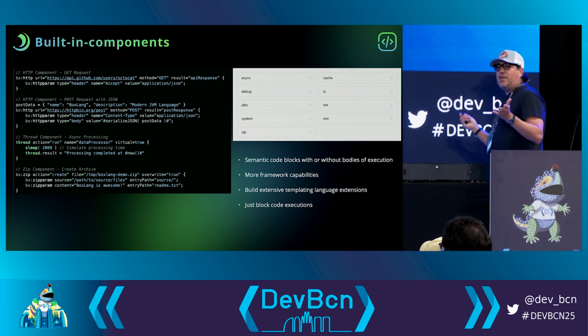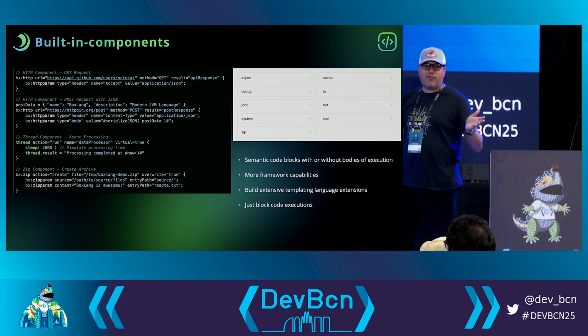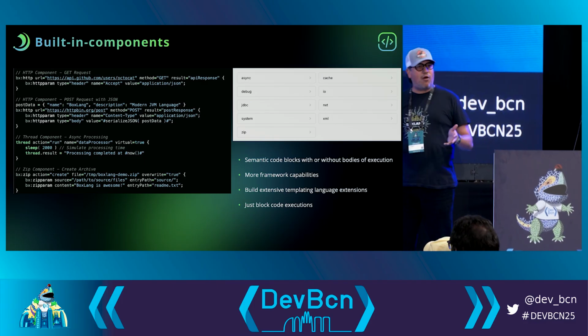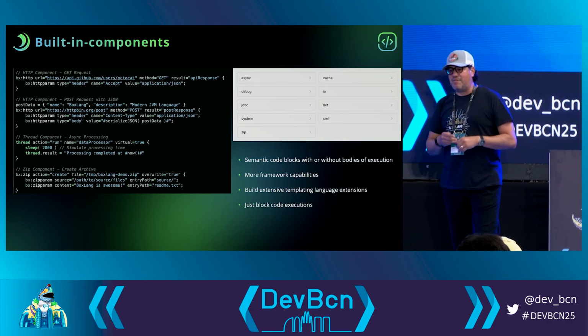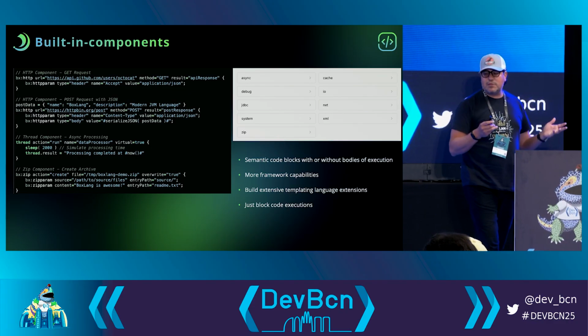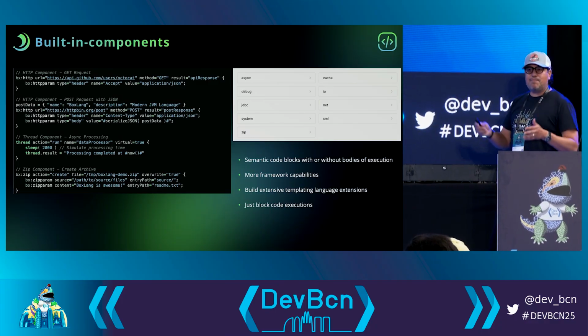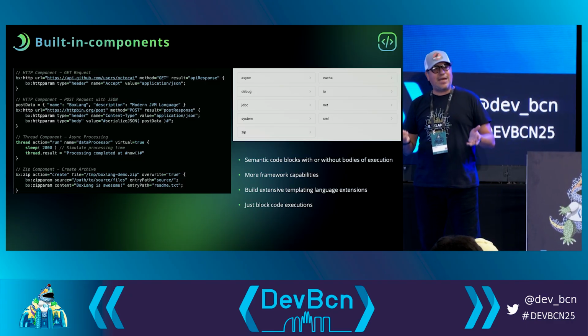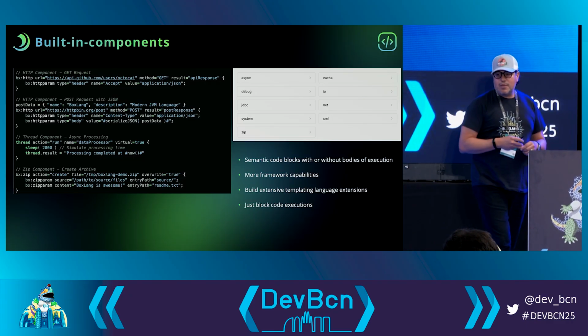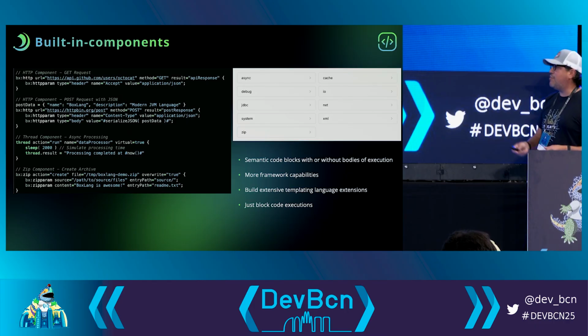You can see an HTTP call. So we've created an HTTP framework for you to abstract all HTTP calls. You can just say bx:HTTP, give me the URL, give me a method, a result, then a block, and then you can basically start defining how the HTTP call is going to be defined. And then it'll execute it after you. You can do ones with post data. Here's a thread.